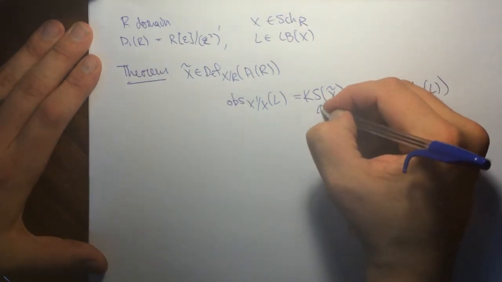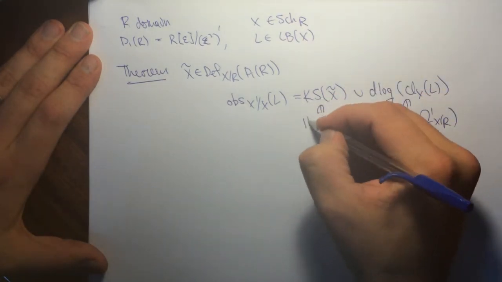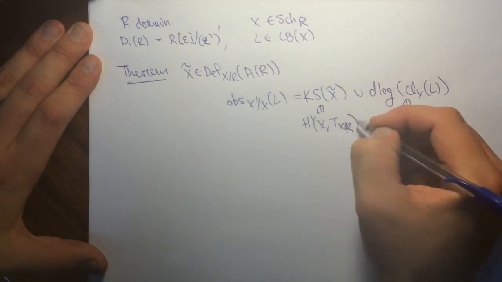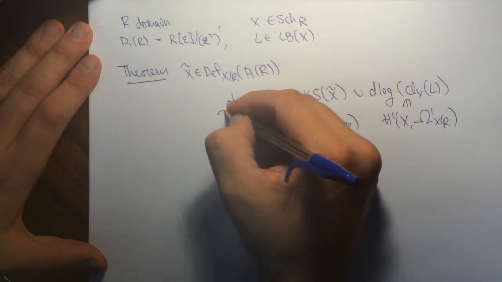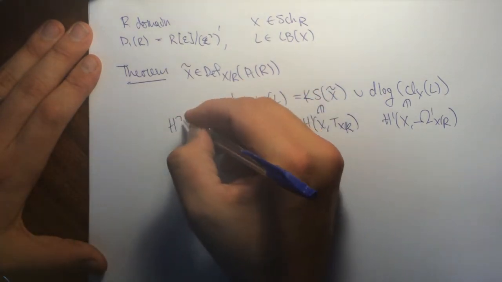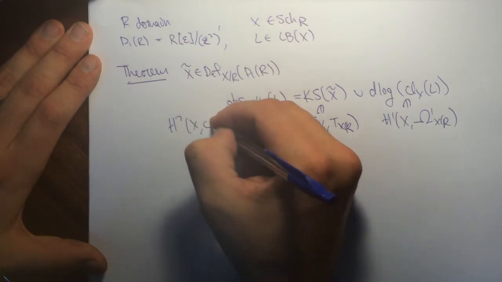Here, this thing is in H1 of the tangent bundle, and then here, this is the obstruction class, and this is going to live in H2 of X, OX.